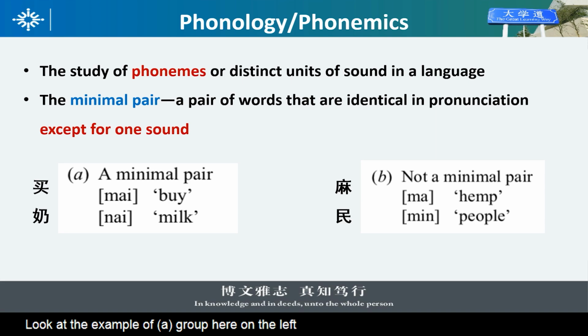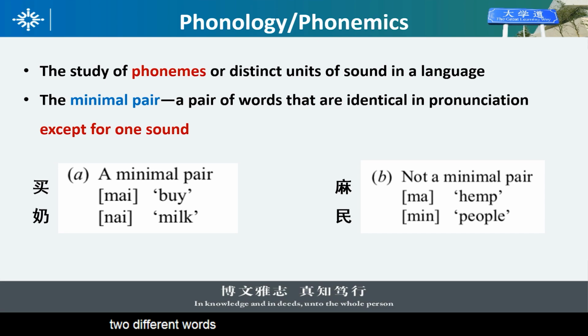Look at the example of group A here on the left, which is a minimal pair. Mai and nai. There are 2 syllables there, right? These 2 syllables are almost identical, but differ in only the sound in front. Mai begins with m, and nai begins with n. They are different, and they differentiate the meaning.